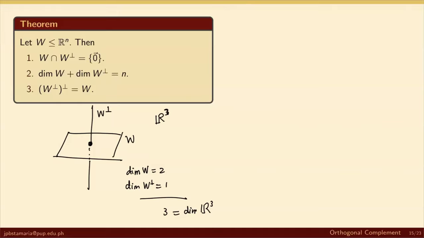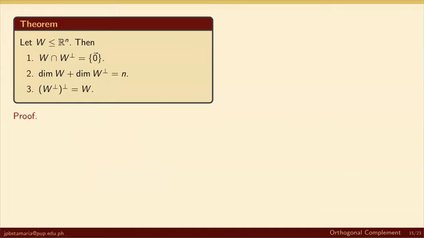So let's begin with number one first. Why do W and its orthogonal complement intersect only at the origin? Well, to see this, let's take any vector x in the intersection. We know that the intersection of two subspaces is non-empty. It's a subspace, so we can take an x there. Then, if x is in the intersection, it is both in W and W perp.